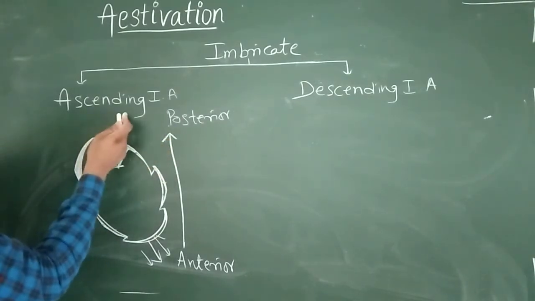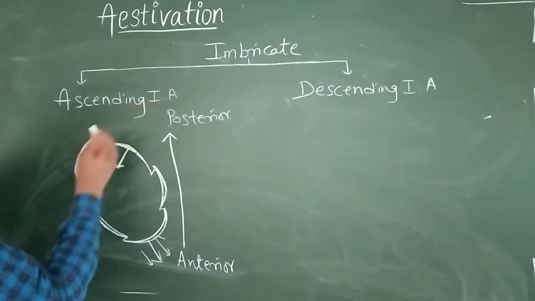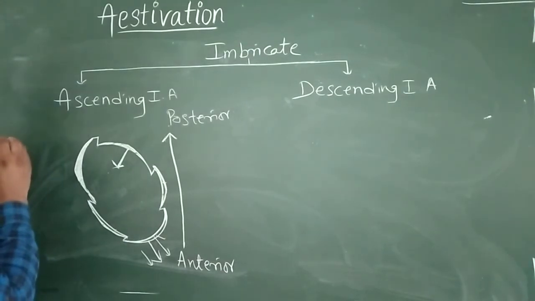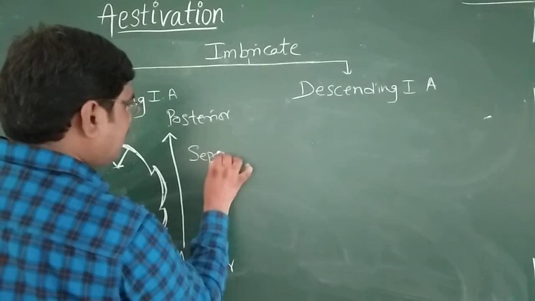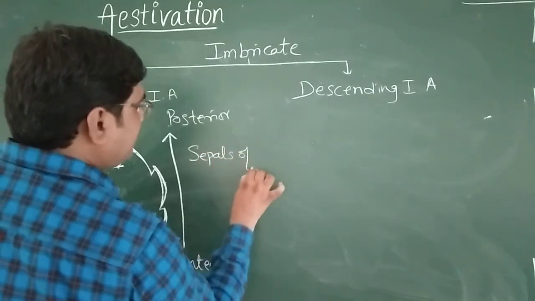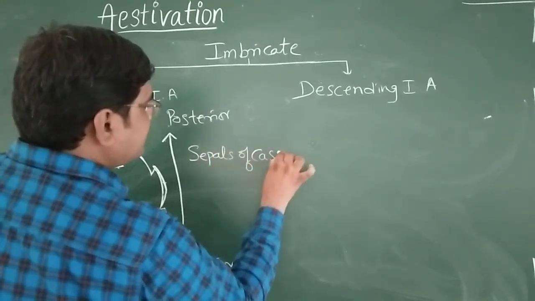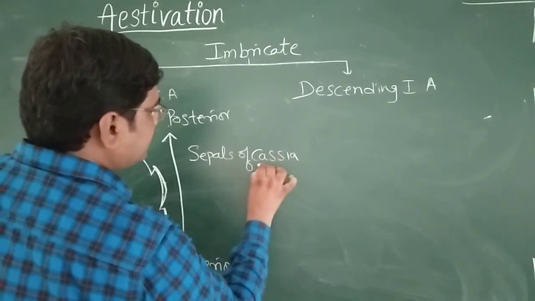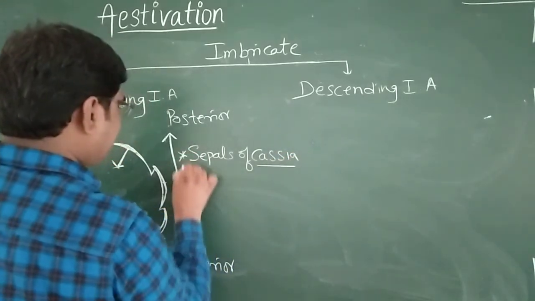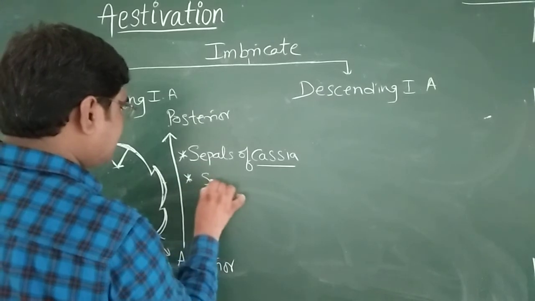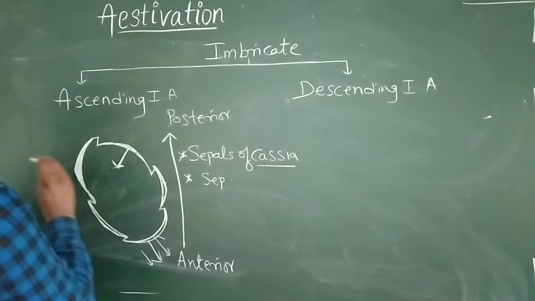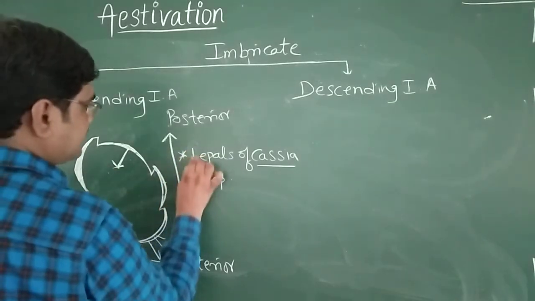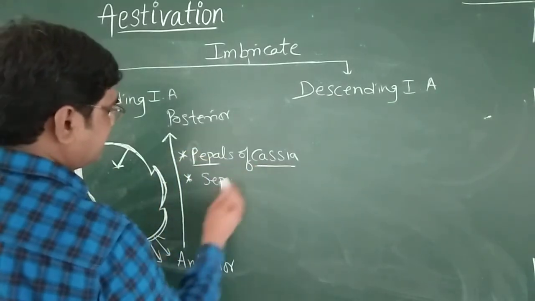What are the examples of the ascending imbricate estivation? Sepals of cassia, Cassia auriculata. One more example is the petals of cassia.